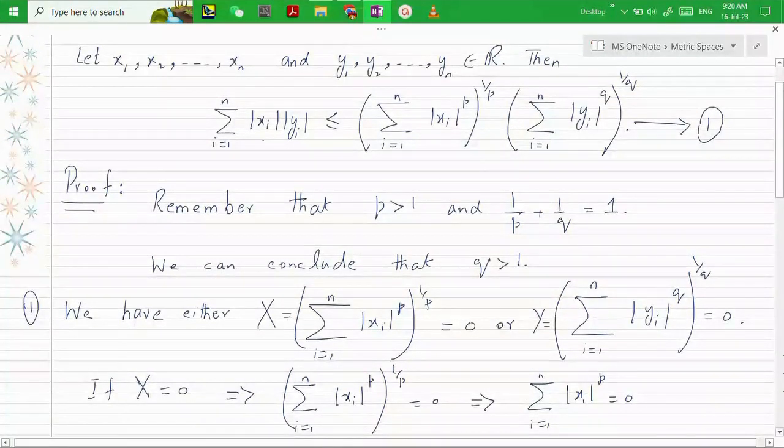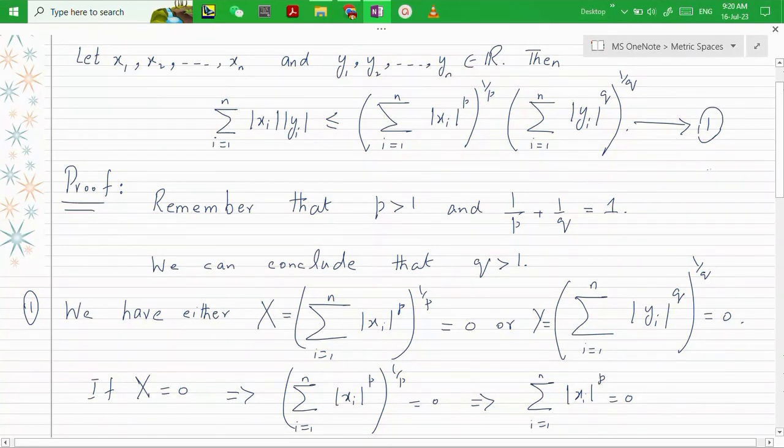When each xi equals 0, in equation 1, on the left hand side, this quantity, summation i from 1 to n of mod of xi into mod of yi, equals 0, and on the right hand side, this quantity equals 0, and ultimately the complete right hand side, which consists of these two terms, equals 0.